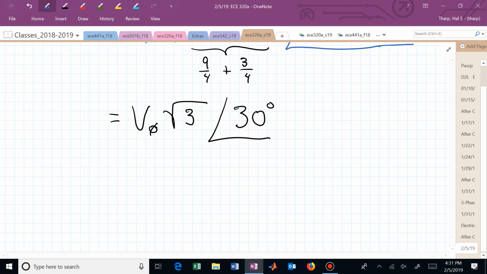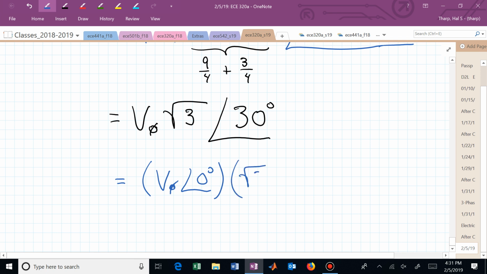And we can make this look more like what we started with by simply writing V sub phi as V sub phi at 0 degrees, and then that's scaled by a square root of 3 at 30 degrees, where this was our phase voltage that we started with.